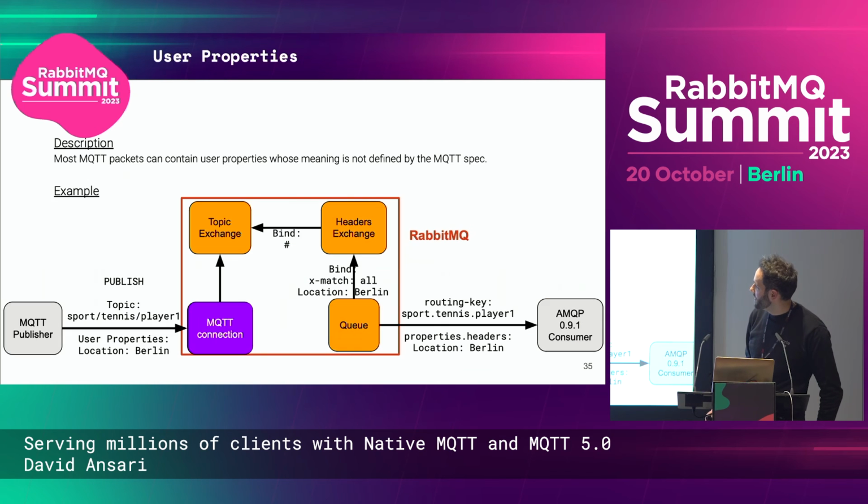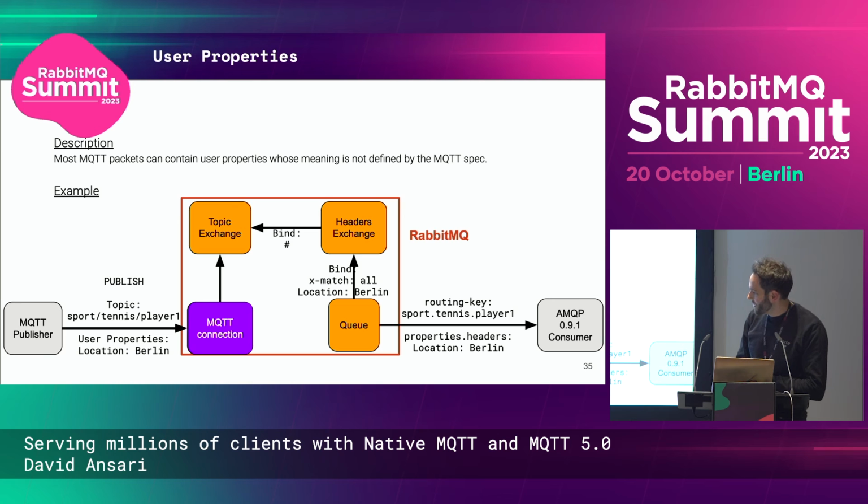And this is the last feature which we will explore for MQTT 5, and it's user properties. Many MQTT packets can contain user properties, and those properties are not defined by the MQTT spec.